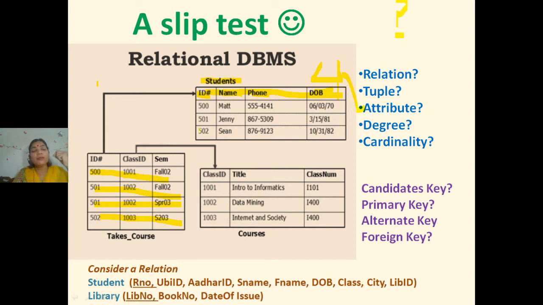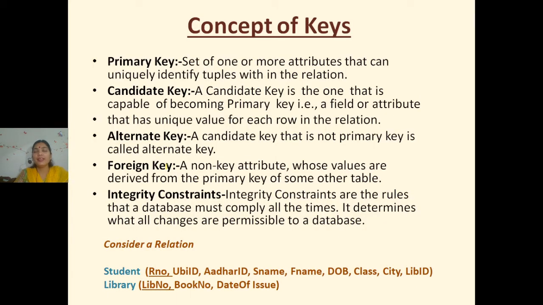The second table takes course, I find 4 records there, and for the 4 records the cardinality is 4. The table courses has a cardinality of 3. Quite good.